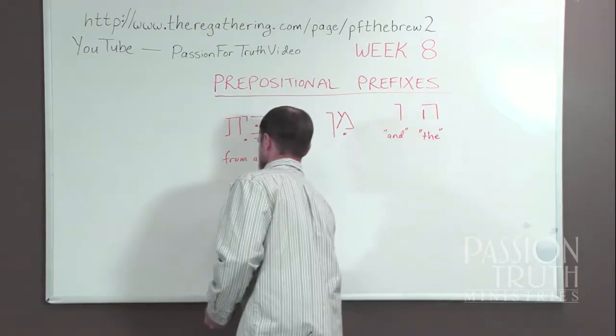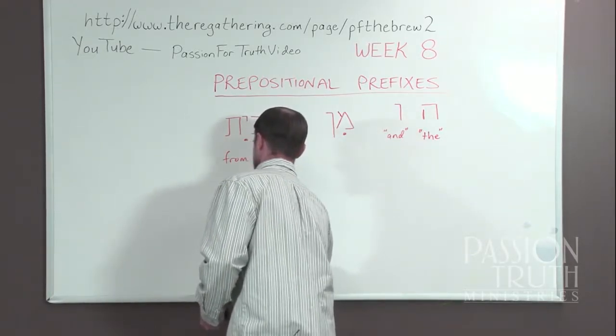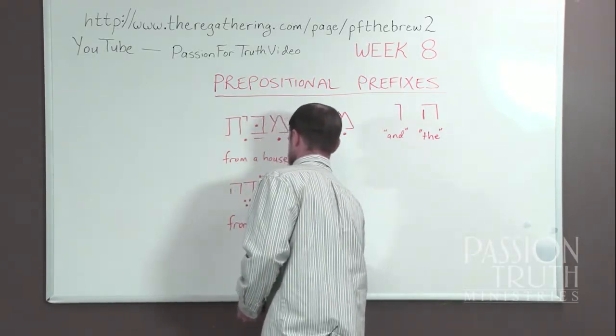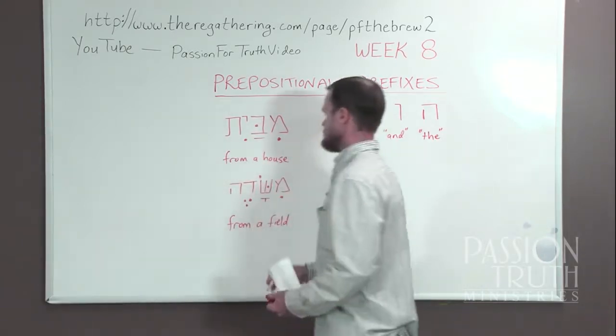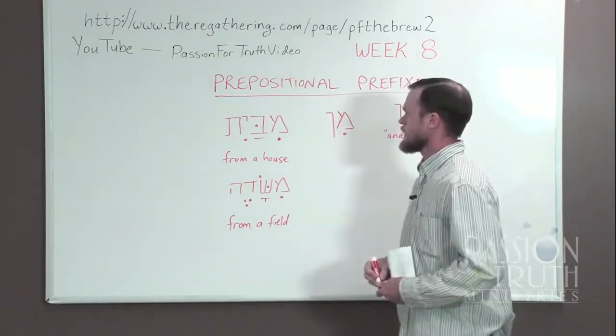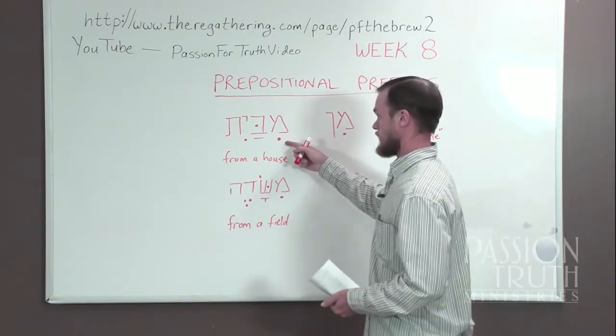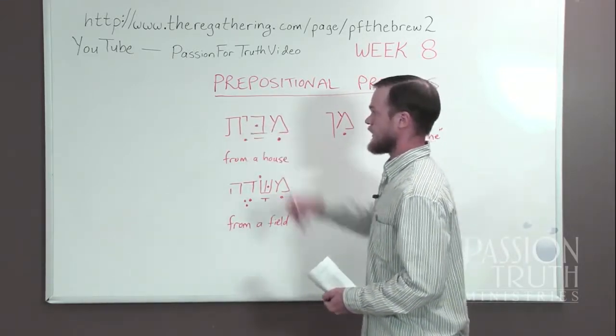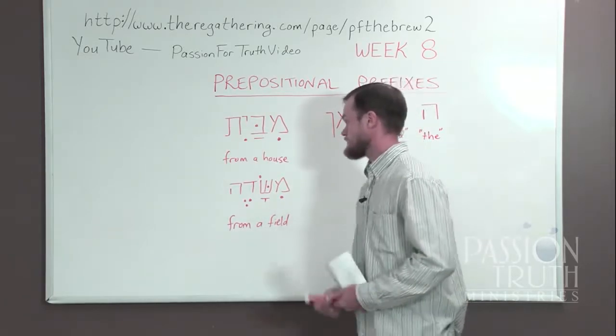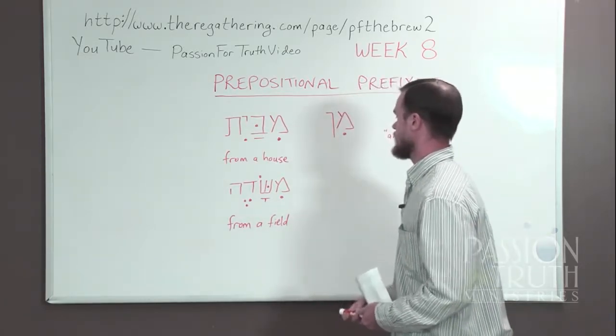Sadeh is a field. Misadeh would be from a field. So in front of most words, the mem will take a chirik vowel, and the letter immediately following the mem will take a dagesh.